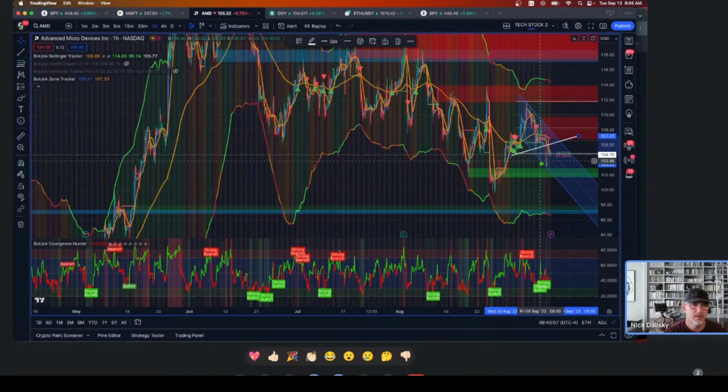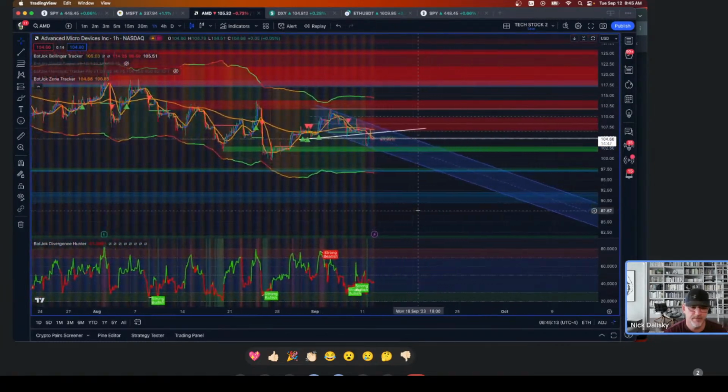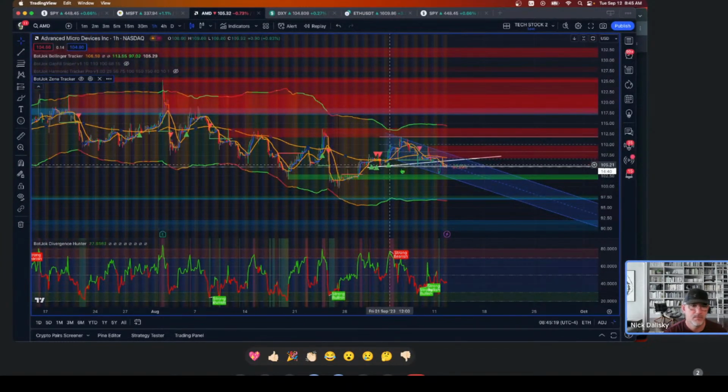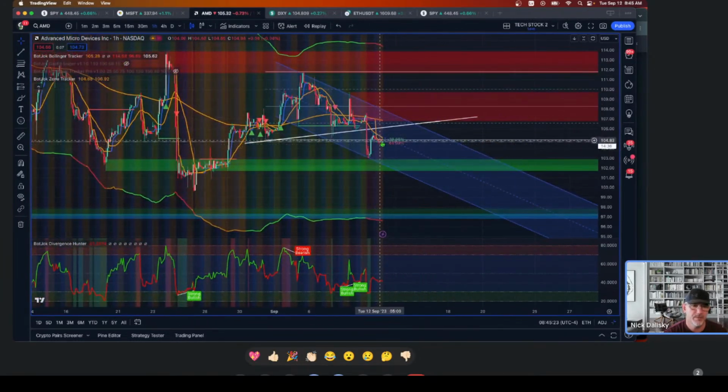That's just a quick glance from that pattern. But on the flip side, you have a little bit of bullish divergence here. The EMAs on the 1 hour, if you look at, we're actually below the 21 SMA, which is below the 200 EMA. So we are in that death cross.